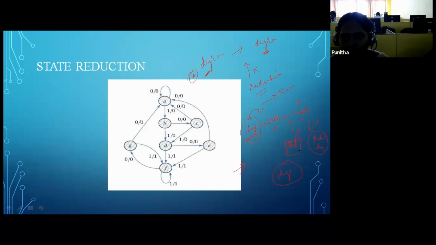In reduction, if any state is repeating, you remove it and keep only one state. This is the state reduction technique. So there are three things to know for state reduction: how to convert diagram to table, how to convert the table back to a diagram, and how to apply the reduction technique.